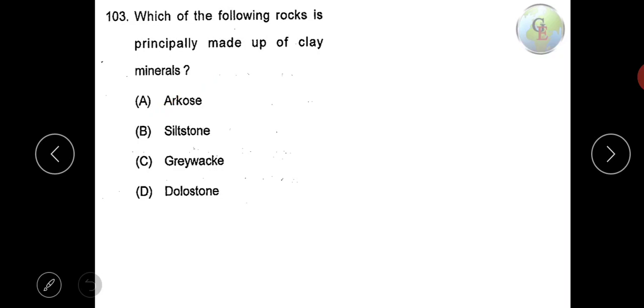It consists of more than 25% feldspar, and siltstone is made up of silt, with particle size ranging from 1/16 to 1/256 millimeter. Greywacke is a rock that consists mostly of clay minerals, and dolostone is a rock consisting of dolomite mineral. So here the answer will be greywacke.